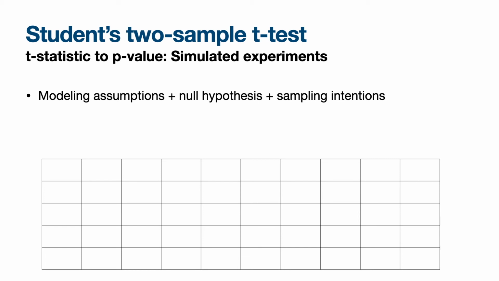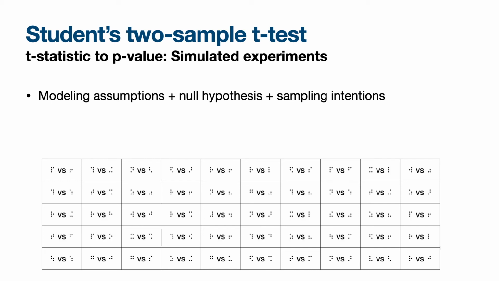Now that we have the observed test statistic, we simulate a gazillion hypothetical experiments that follow the modeling assumptions, the null hypothesis, and the sampling intentions with the hypothesized parameter value, i.e., populations with equal means.